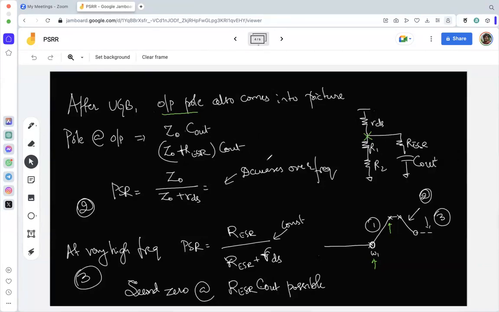Because there is a second pole, the curve starts to reduce again, meaning your power supply rejection starts to get better because of this pole, the output pole we call.